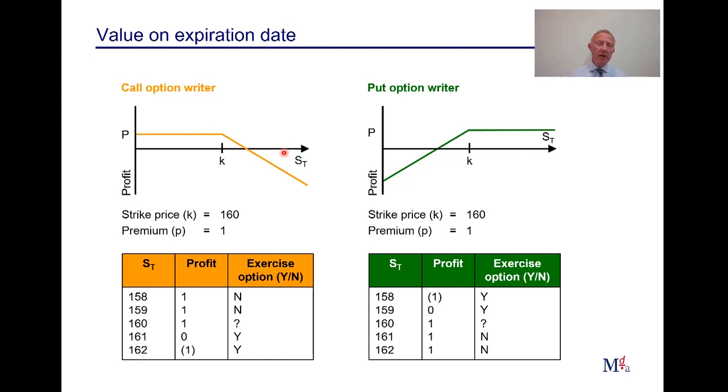So if you're an option writer, you receive a premium, you've got limited upside, which is the premium, but you potentially have a lot of downside. Similarly for the option writer for a put, your upside is capped at the premium that you receive, but you potentially have quite a lot of downside.